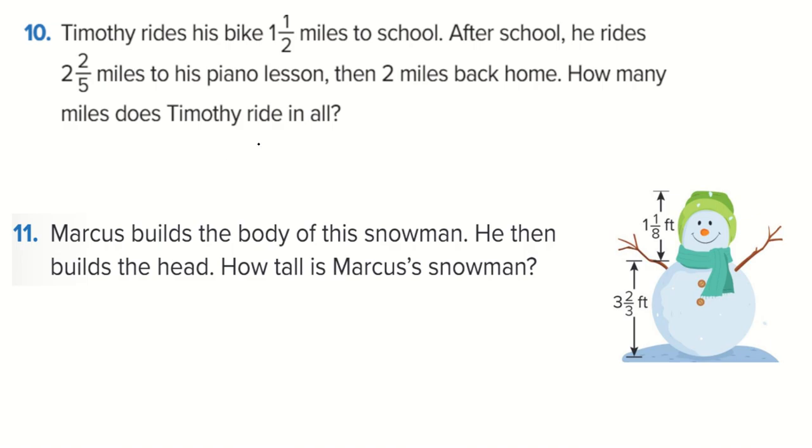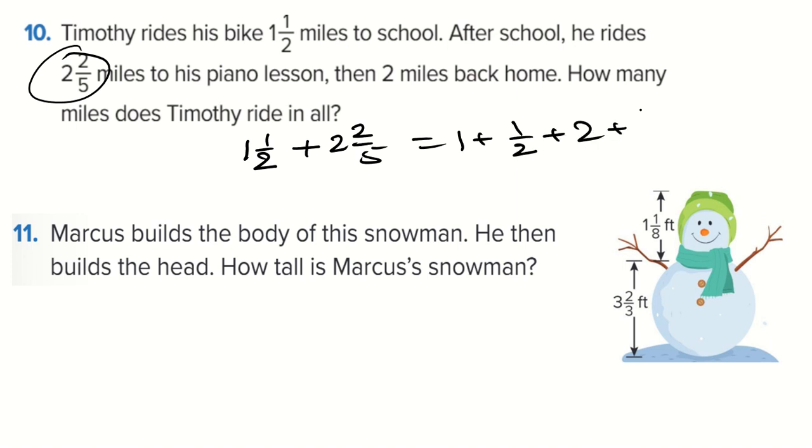Same here. You see, Timothy rides his bike 1.5 miles to school. After school, he rides this many miles. So just make it plus because the question is for the total rides. So what you will do? You just write the whole number separately. 1 plus half plus 2 plus 2 over 5.